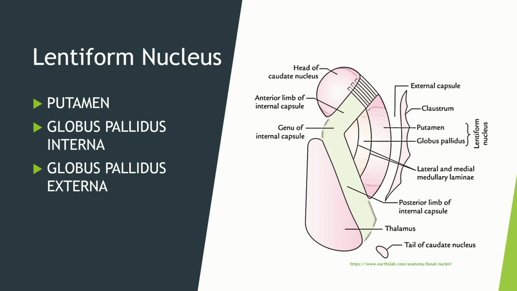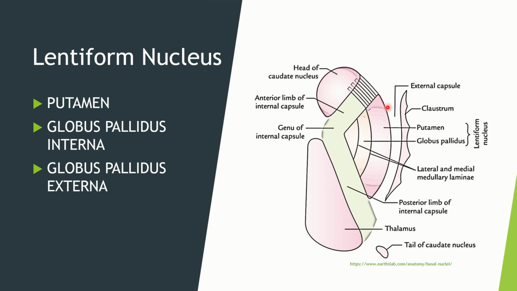The lentiform nucleus, which forms part of the basal ganglion, is divided into two parts, one of which is divided into two parts further. So essentially, the lentiform nucleus has three parts.